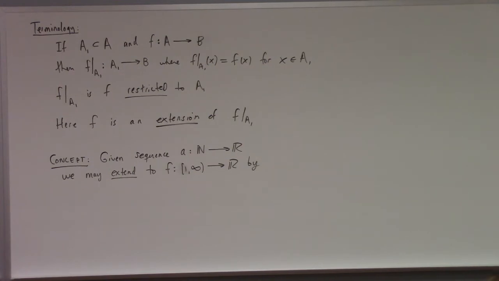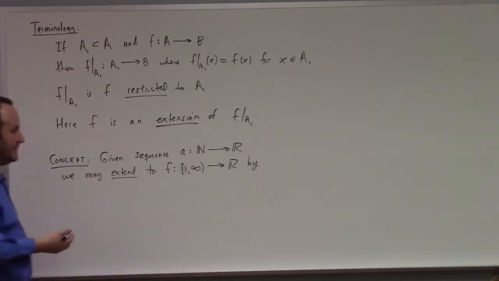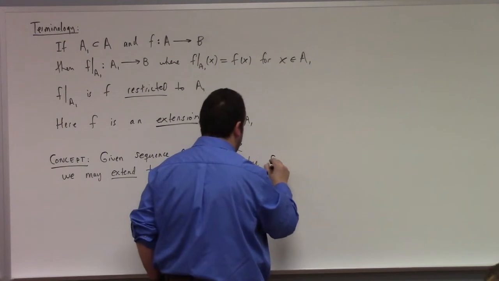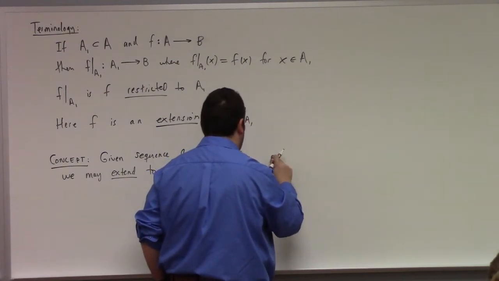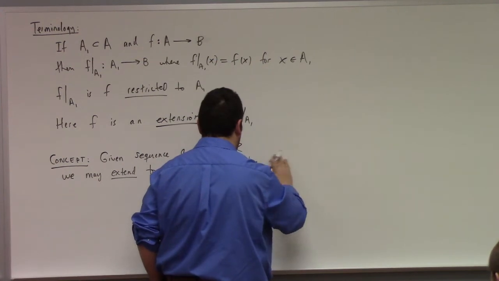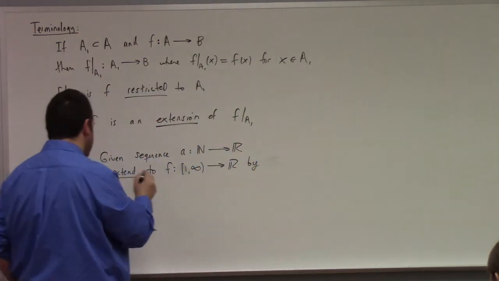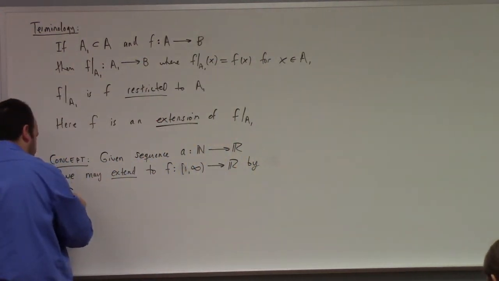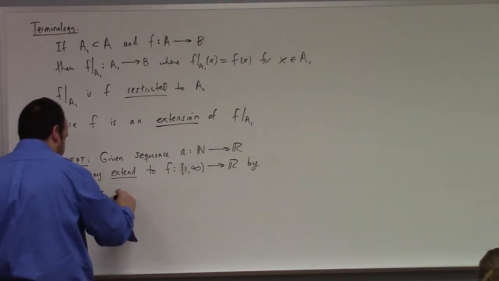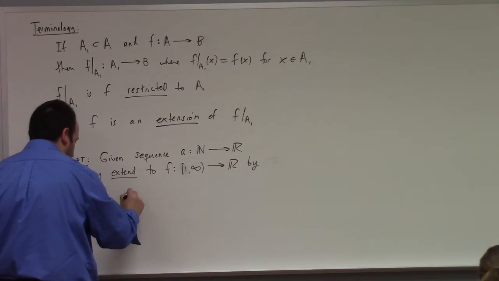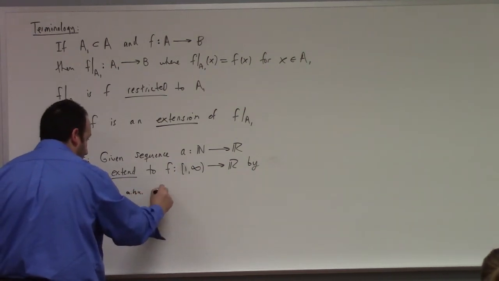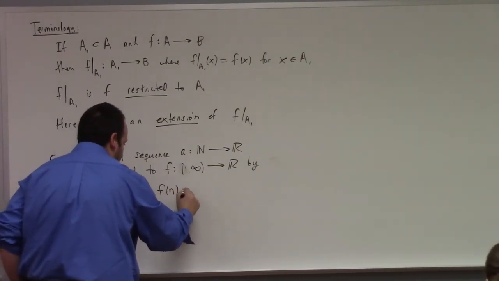How should we define this new function f in terms of the given sequence A? Let's see here. I'm going to say f restricted to the natural numbers is equal to A. In other words, f of n will just be equal to a sub n.